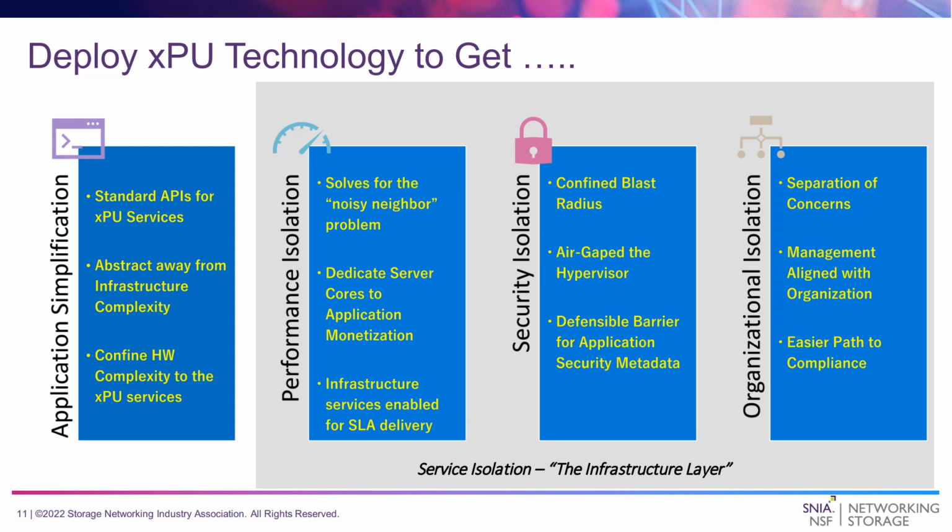Moving over to performance isolation, we touched on this earlier. This is the noisy neighbor problem of infrastructure workloads scaling up or down, getting in the way of the business workloads scaling up or down. By pushing all of the infrastructure workload to the xPU, we free up all of the cores for the business applications.